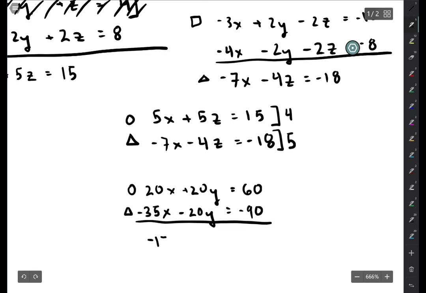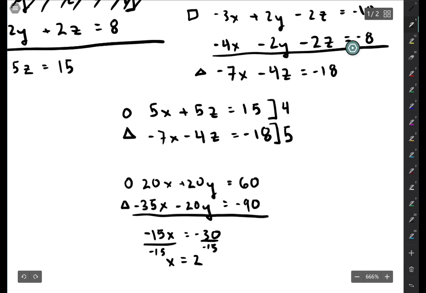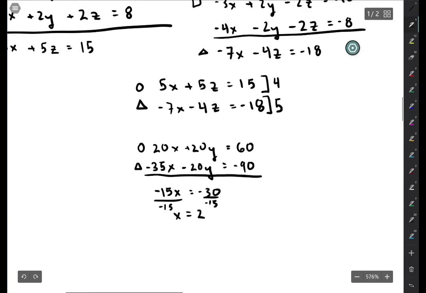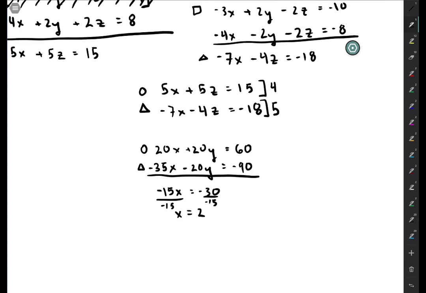That's negative 15x. The z's are gone. Equals negative 30. We divide by negative 15, and x equals 2. It should be a rewarding feeling when you get there. I know you're like, oh, this is a pain. But your brain just did a lot of work, and kudos to you. You got x equals 2.